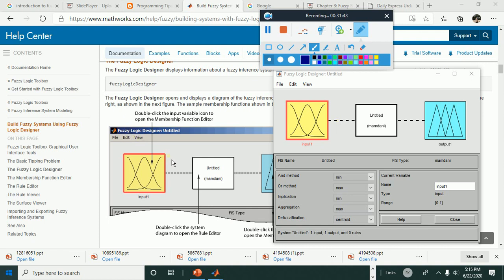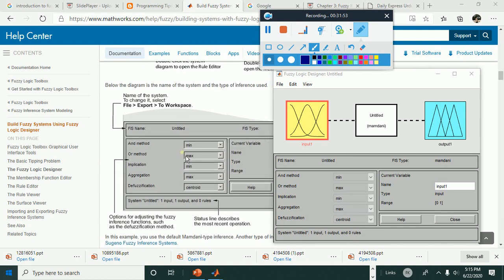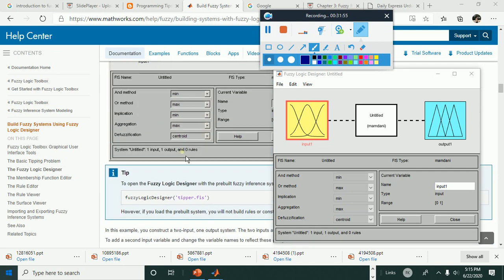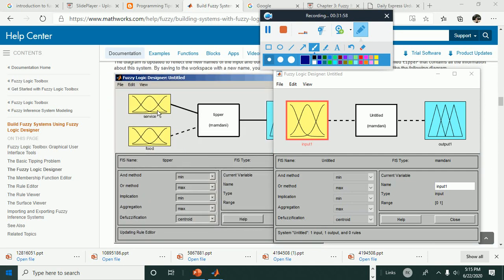So here we have to take the input. For this specific example, we will have two inputs. One is service and the other is food.